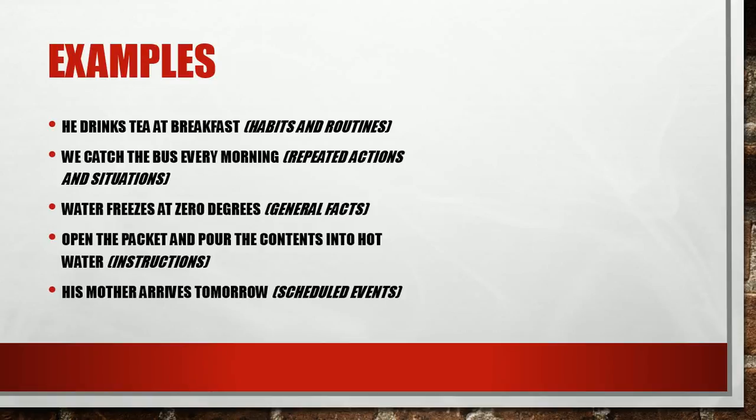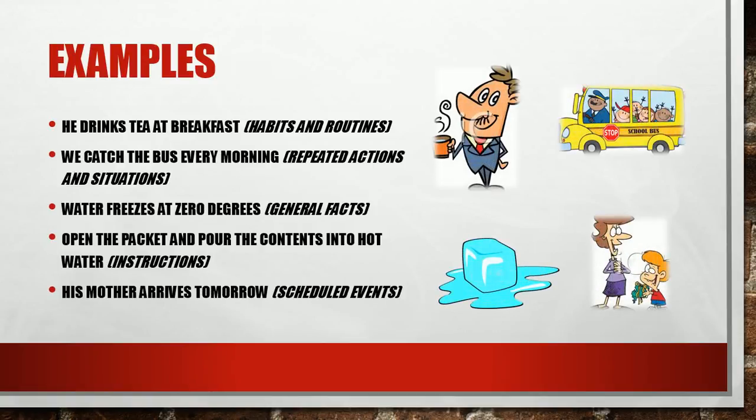Okay, so let's look at some examples. Here we have, for example, he drinks tea at breakfast. Habits and routines means that this sentence is for habits and routines, right? So he drinks tea at breakfast.